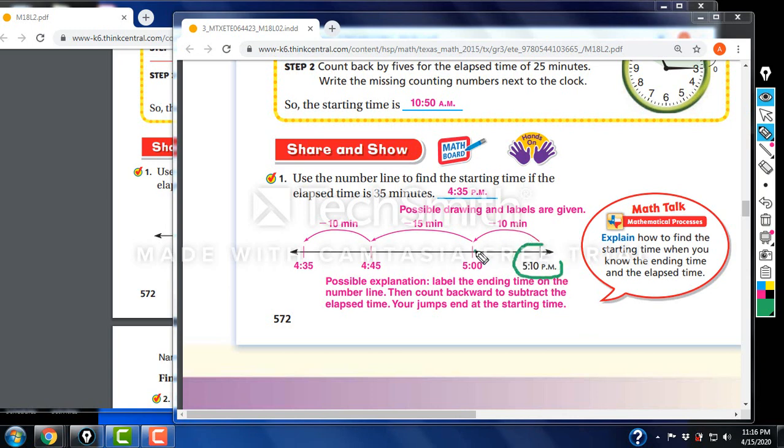That's 10 minutes. Then you go back 15. So from 5, subtract 15. That's 4:45. You go back another 10, and you land at 4:35. Once you do this, if you add these two up right here, that equals 35 minutes.